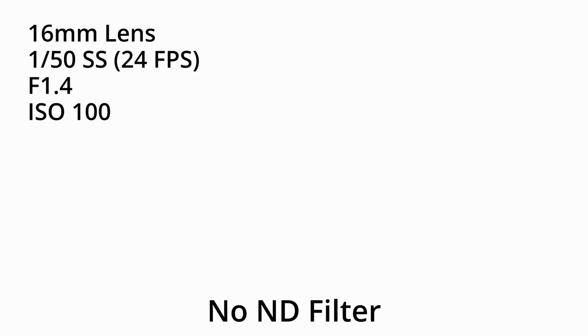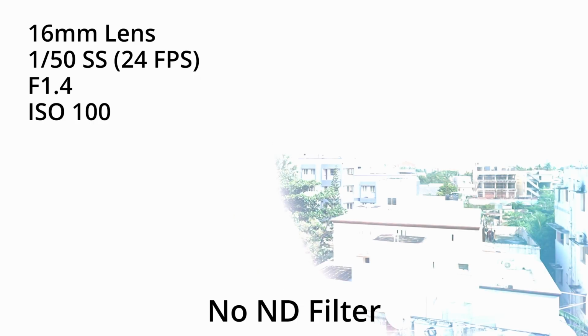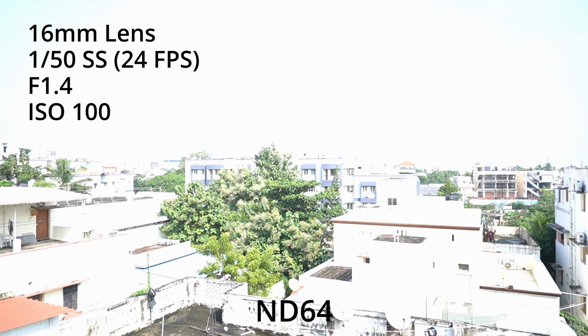Another good option is stackable ND filters. So usually we connect these filters through the filter thread in front of our lens. Usually only one filter could be attached to the lens. So let's say we have ND8, only it could be attached. With this magnetically stackable ND filter, we attach a magnetic holder to the lens and then any number of filters could be stacked to it.